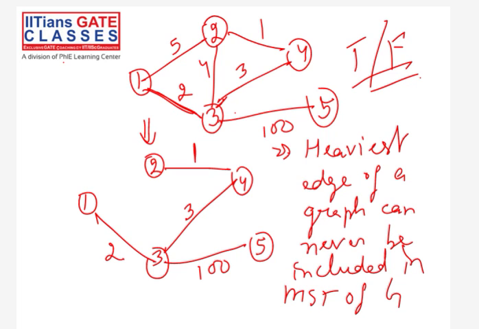The heaviest edge of a graph G can never be included in the MST of G. Correct? This is false, and the reason is in front of you. This is the example for this. And I'll tell you that this is one of the GATE statements that had come previously. So now I hope things are a little bit clearer about how an MST is created out of Kruskal's algorithm.